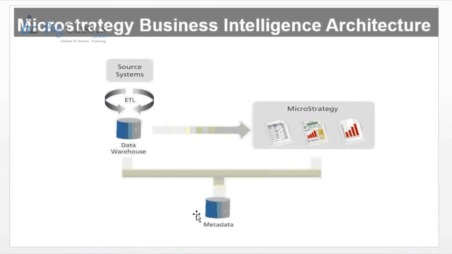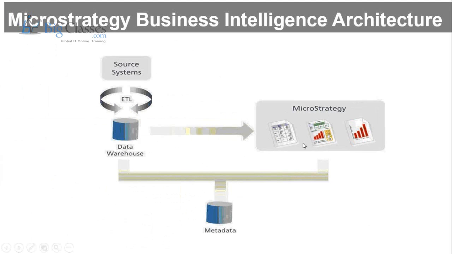Before we go and see the training content, I really wanted to share the MicroStrategy BI architecture, how exactly MicroStrategy works. I think you both have good exposure to ETL, so I'm pretty sure you know how the data from the source systems is picked up by the ETL processes, processed, and finally loaded into the data warehouse.